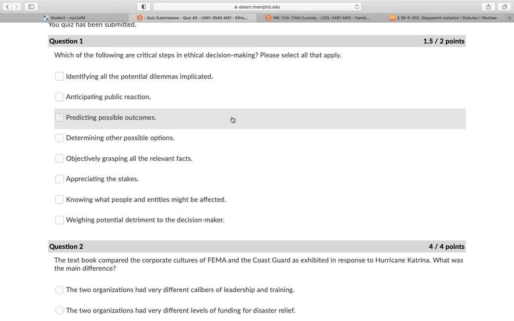So the first question is, of course, which of the following are critical steps in ethical decision making? Please select all that apply. Now, how I came up with my answers, as I looked in the textbook, I do have the 6th edition, and I looked to chapter 1, and on page 18 of the 6th edition, down at the bottom, it says to review, a reasonable ethical decision involves the following. And there are like 6 defined points.